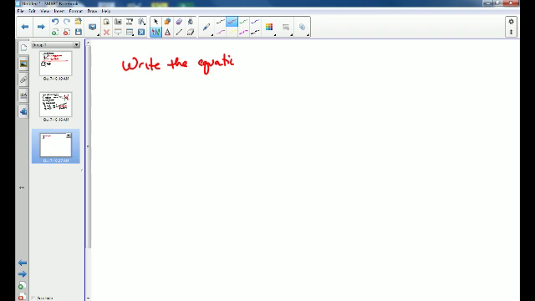Here's another way, write the equation of the tangent line to the graph of x squared.